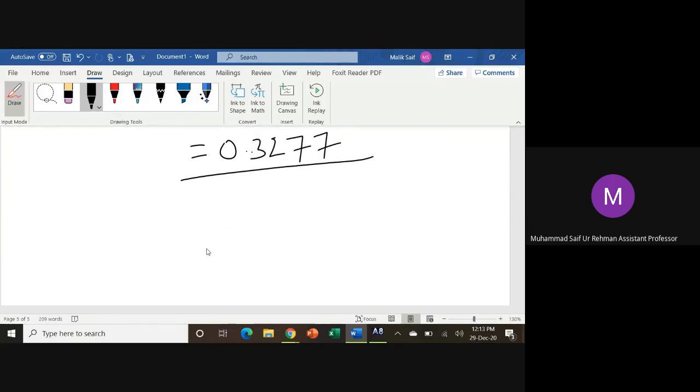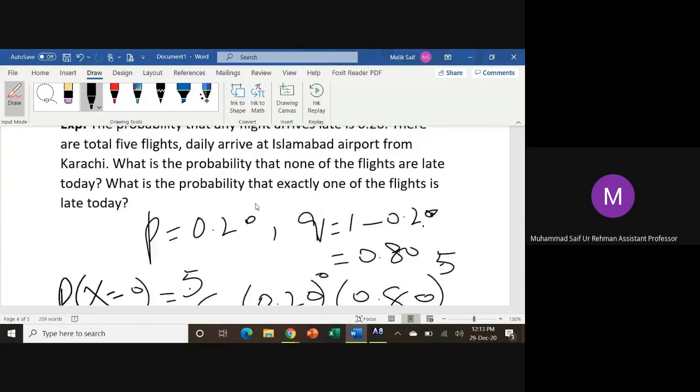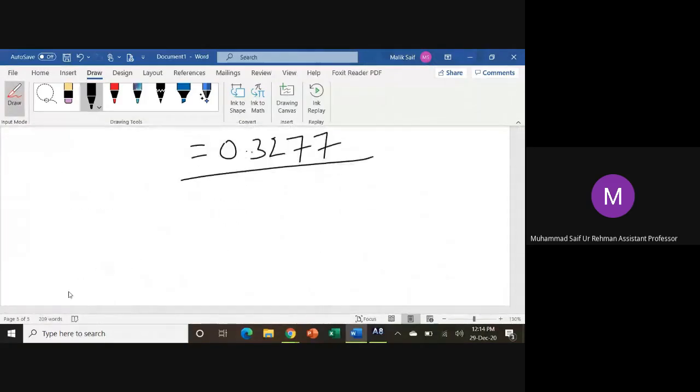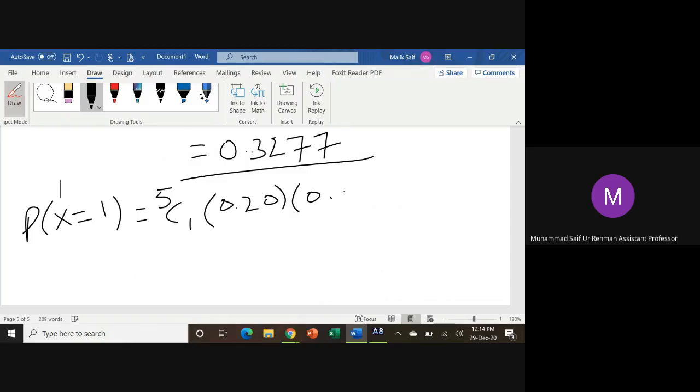Okay. So the next question was, what is the probability that exactly one of the flights is late today? Exactly one. So now you will write down here probability of X is equal to 1. Exactly one is late. So now nC1, so 5C1. P was 0.20 and Q, the on-time arrival, is 0.80.